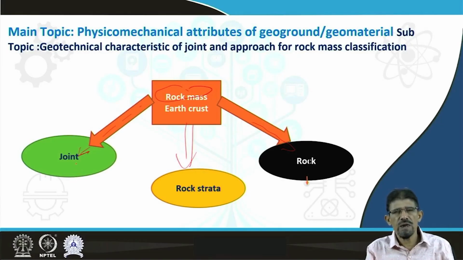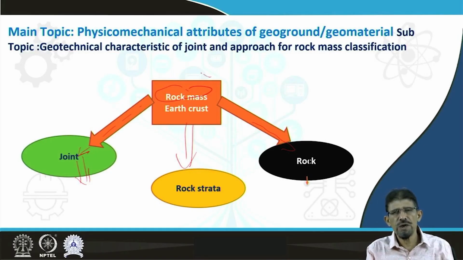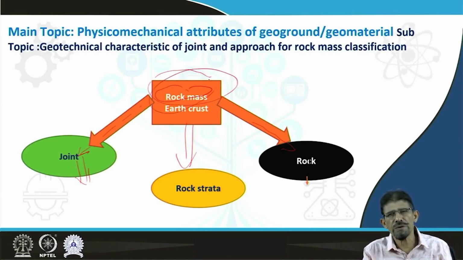The joint is a part of rock mass which is responsible for formation of rock strata, and rock strata is responsible for creation of geoground. It means it is important to know about the rock mass.